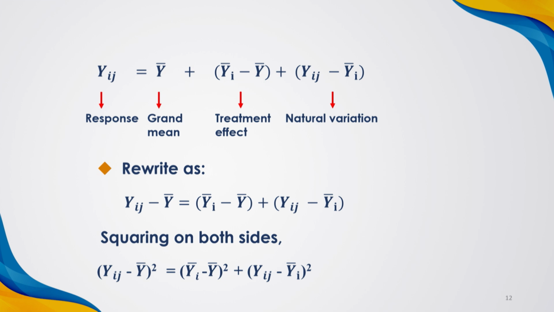When you expand a plus b the whole square, we get a square plus b square plus 2ab. Here the 2ab term is missing because we know that the sum of deviation of the scores from the mean will be 0. Because of that reason the ab term vanishes, so we have an a term and a b term.